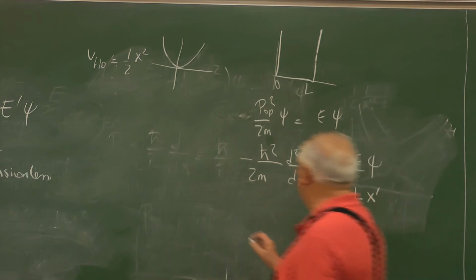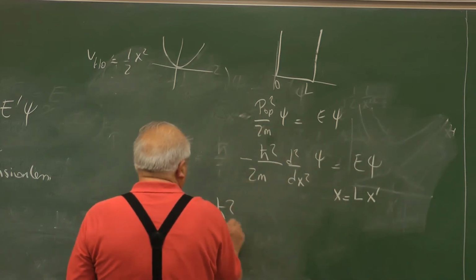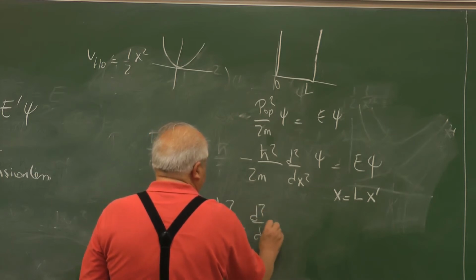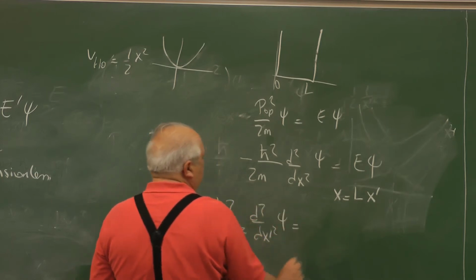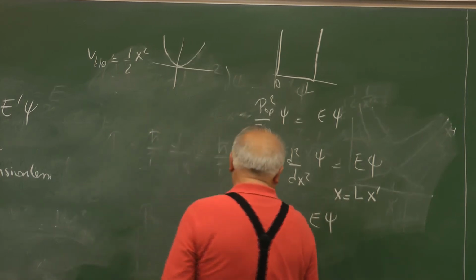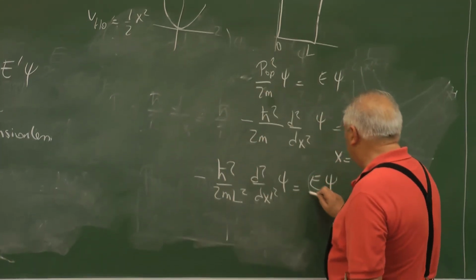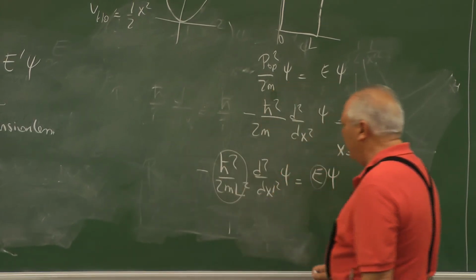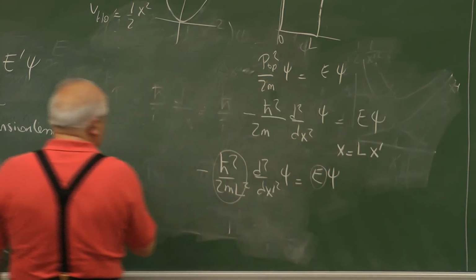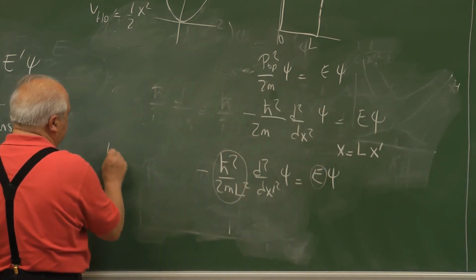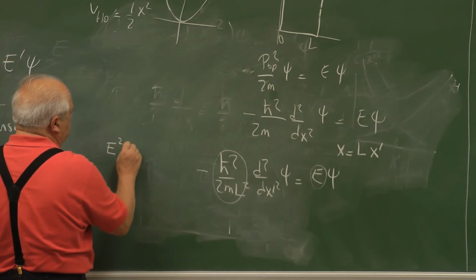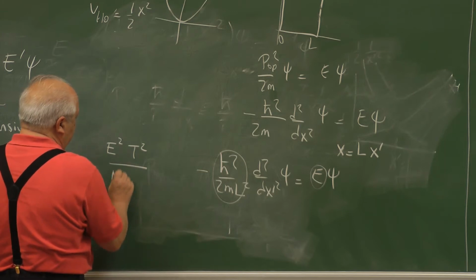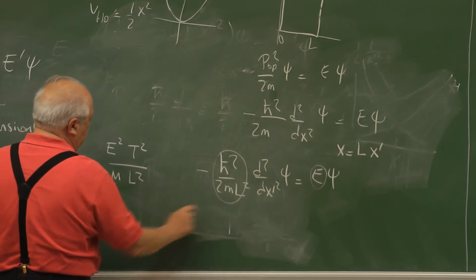So let's write it. Minus h bar squared over 2m L squared d squared dx prime squared psi is equal to E psi. So here is only energy, and this is also energy. We can check that because h bar has the units of energy times time. So I have energy squared time squared, and here m and L squared.